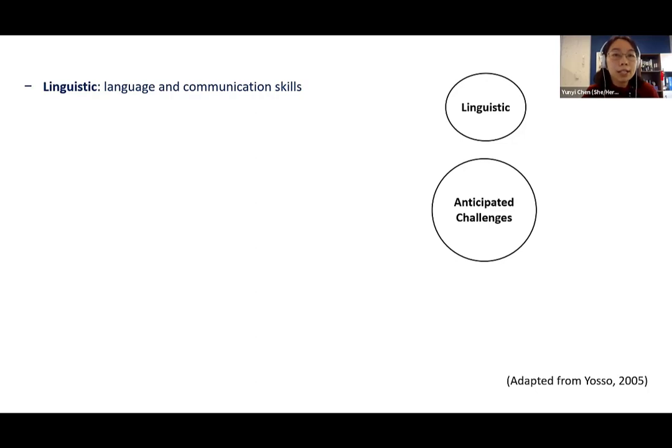However, BICS alone doesn't suffice for the requirements of academic studies. Therefore, individuals will go through the second phase to develop cognitive academic language proficiency, also called CALP, which is the decontextualized academic language that is required to perform successfully in specific academic environments.